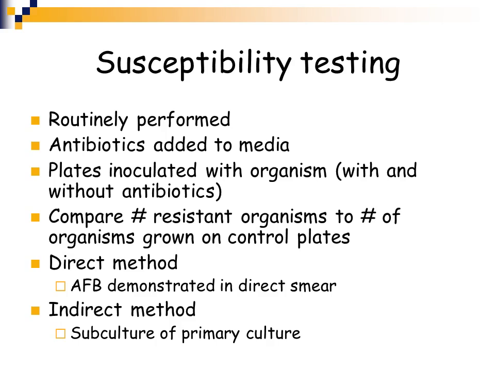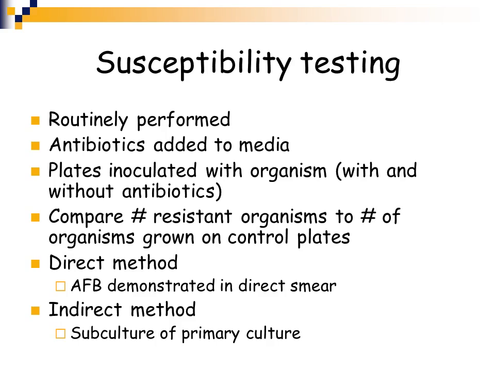You can do it manually by adding your antibiotics to your media and then seeing what organisms can grow and in what concentrations. So you compare your number of resistant organisms to your number of organisms that grow on plates that don't have any antibiotics.